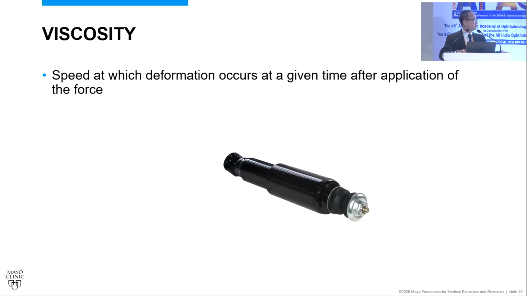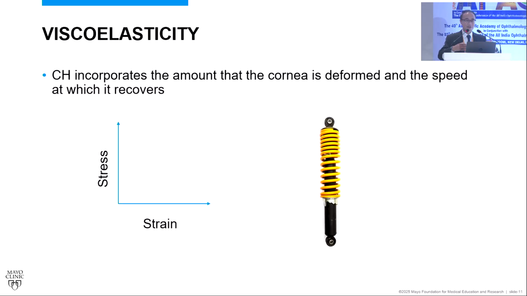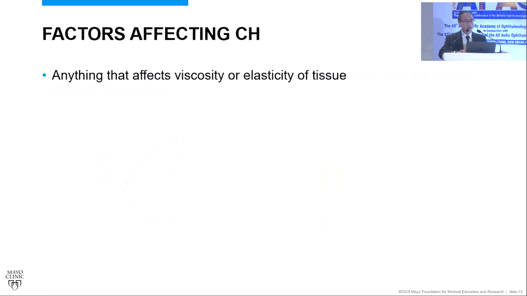If you have something that's viscous, like a damper in a car, the rate at which it deforms determines the viscosity. If you incorporate the two into a shock absorber and spring system like you have in a car, then as you first compress it, you might have a stress-strain curve that looks like this, and as it releases, you have a curve that looks like that. The difference between those two is the energy that's absorbed by this system, and that is the hysteresis.